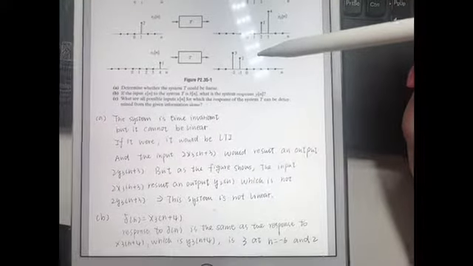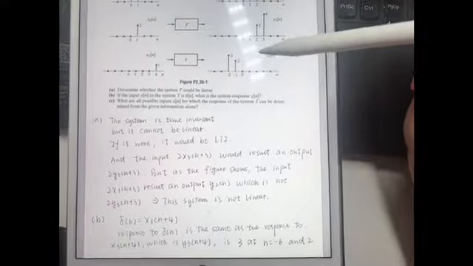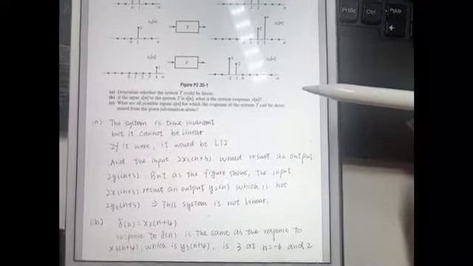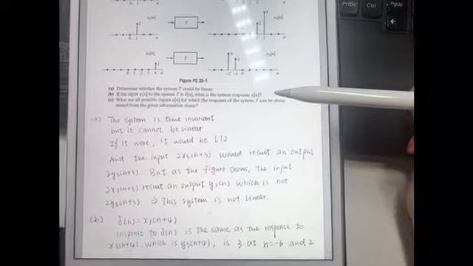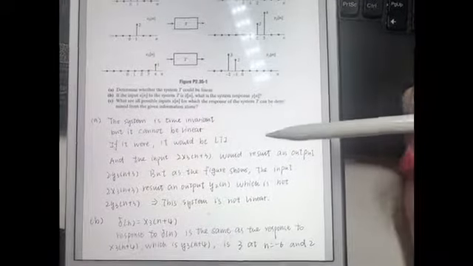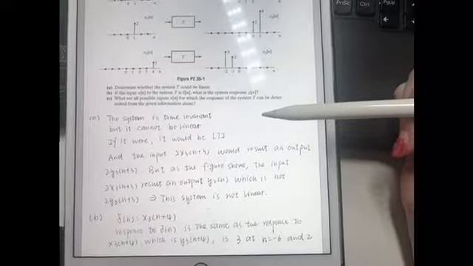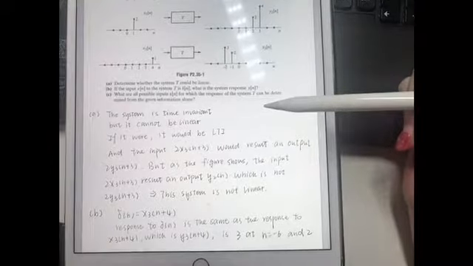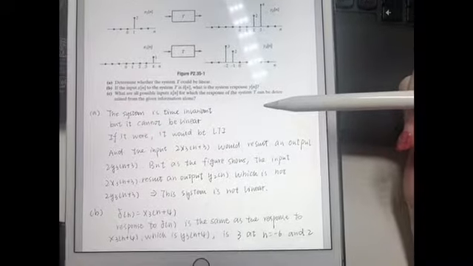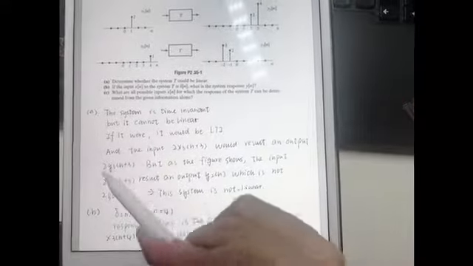We can just suppose it is a linear system. Because the system is time invariant, if it is also a linear system, it would be an LTI, and the input x2 multiply x3 multiply n plus 3 would result in an output of y in this format.